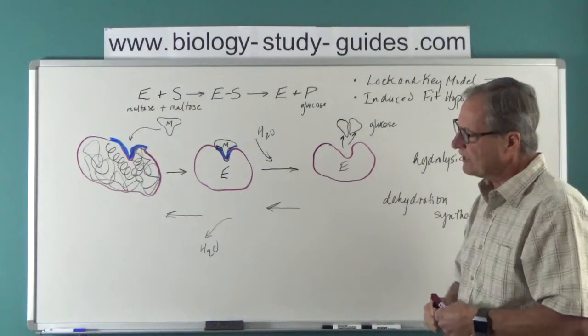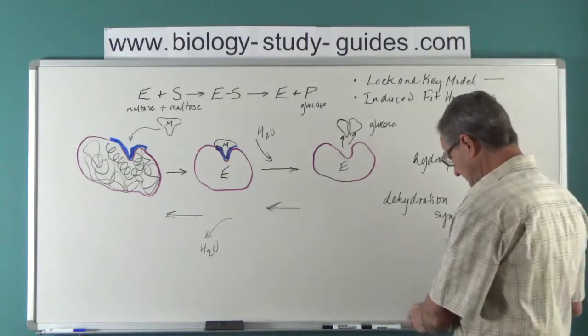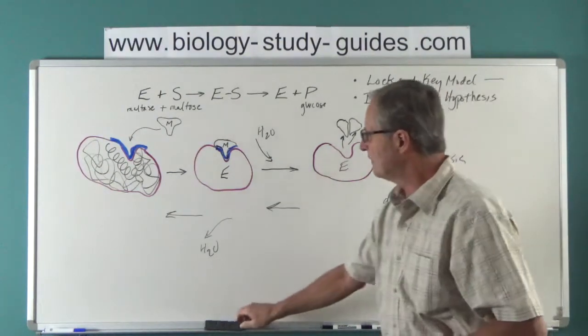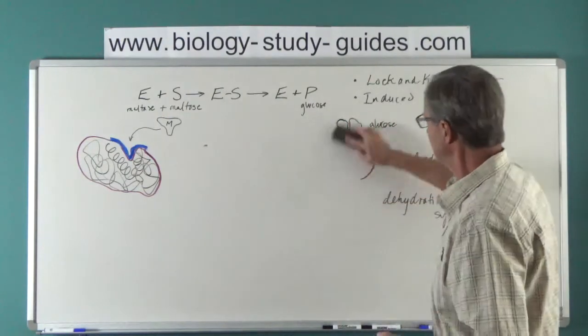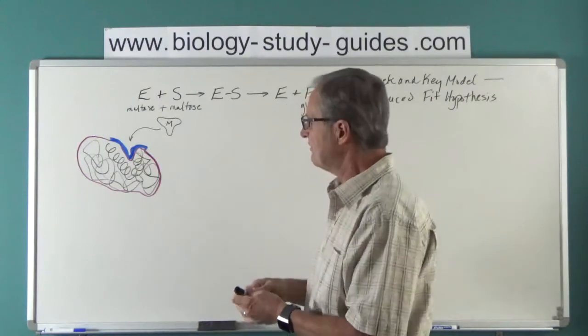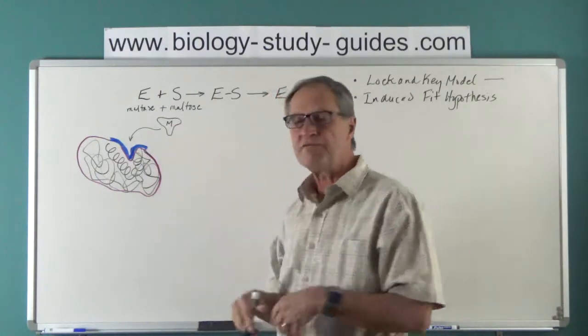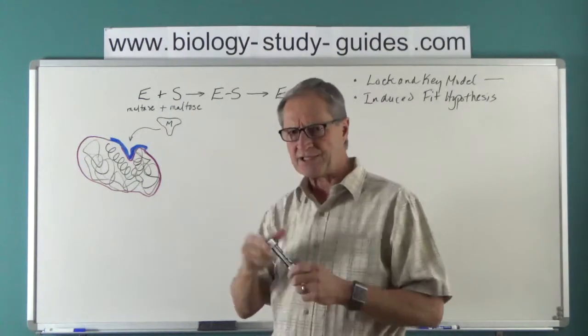I do want to extend this just a little bit though, because it is possible, let me erase some of the extra stuff here. Let me just erase this part. It is possible to have another molecule that's very similar to the substrate. For example, maltose is a disaccharide, we know.